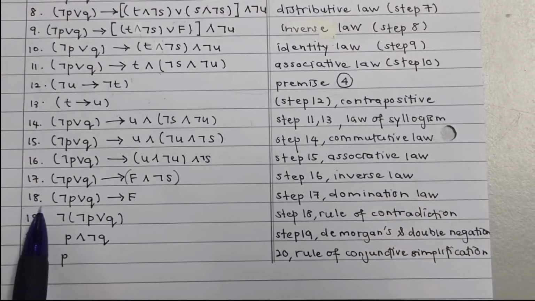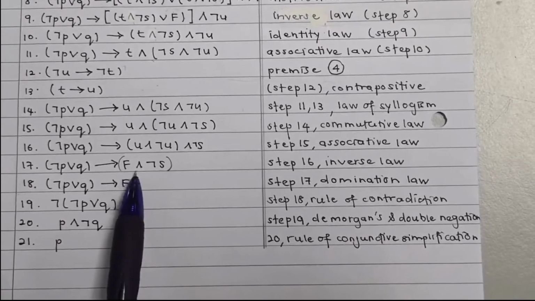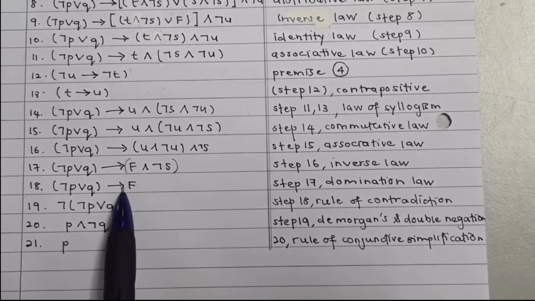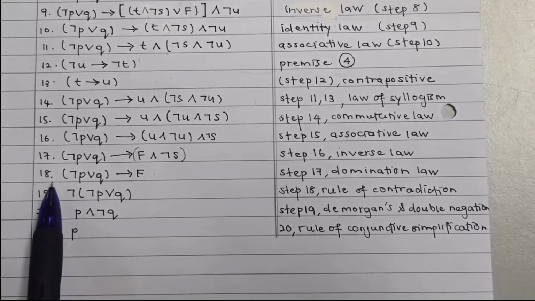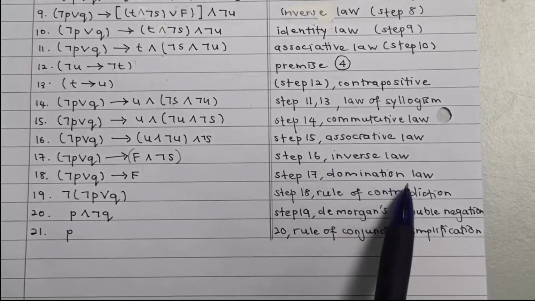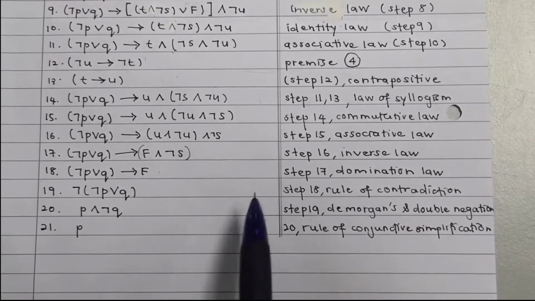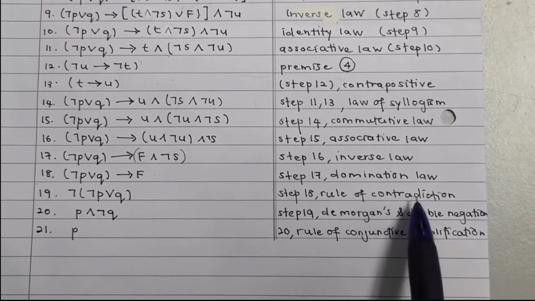In step 18, we can change F and not S to F by using the domination law.